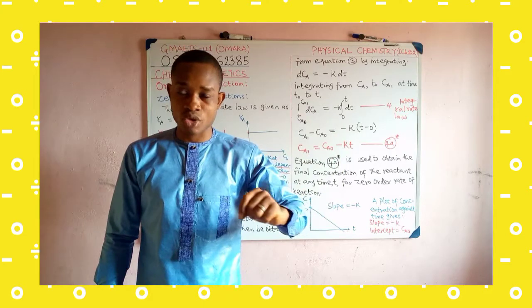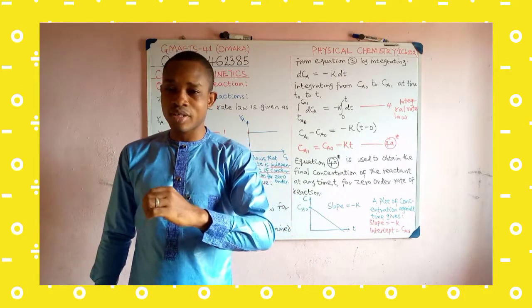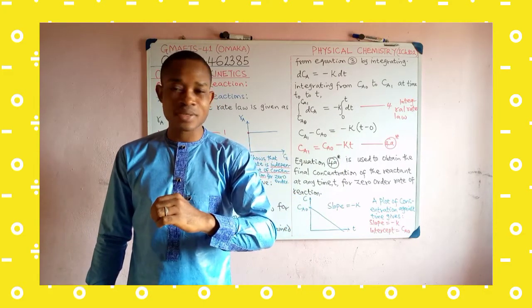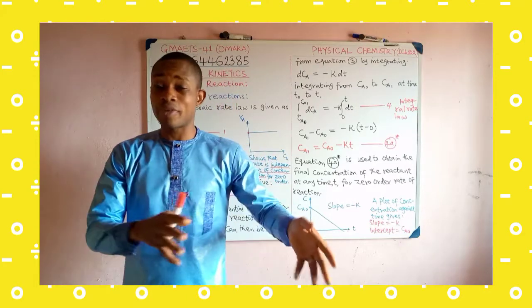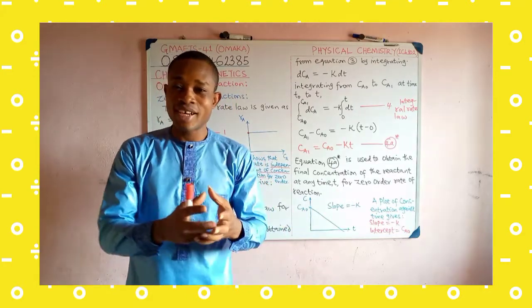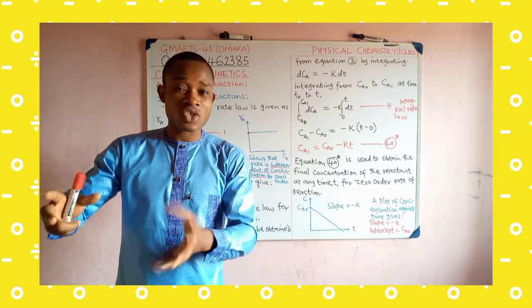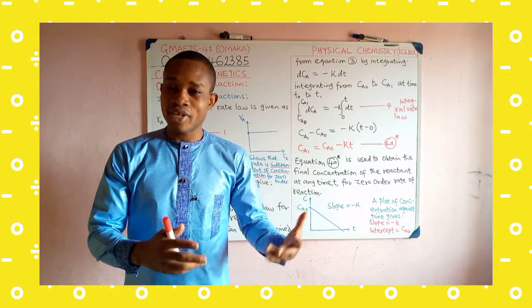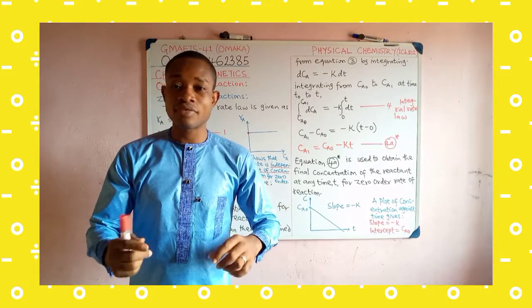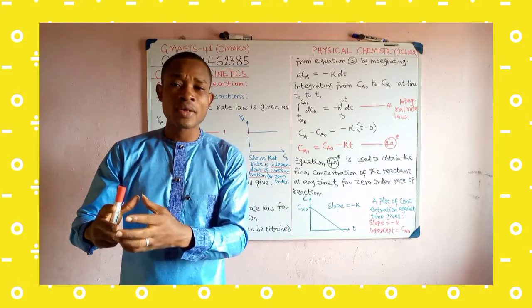Just think about someone that is trying to produce soap. In the process of producing soap, saponification, we mix oil, a fatty acid, with a particular reagent. The reagent used in this case is sodium hydroxide for the saponification process. So what happened?